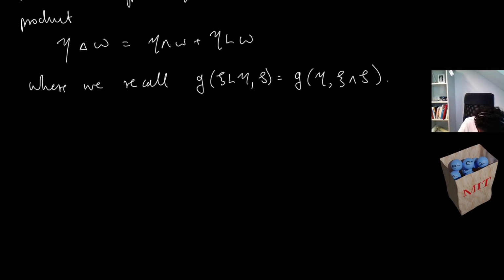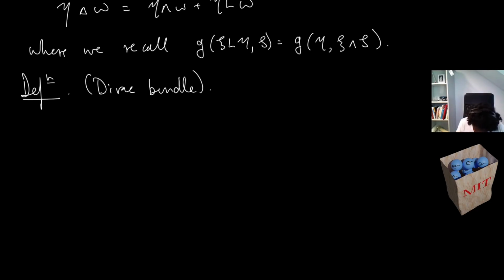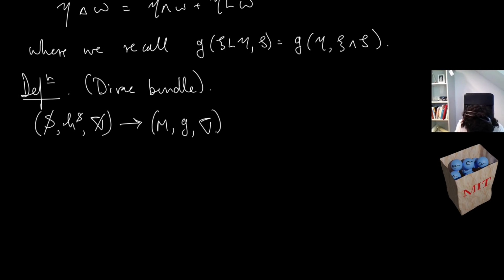So now what is a Dirac bundle? I should have maybe said that in the type setting, this is the package backslash slashed, so this is a slashed S. We say this is called a Dirac bundle.